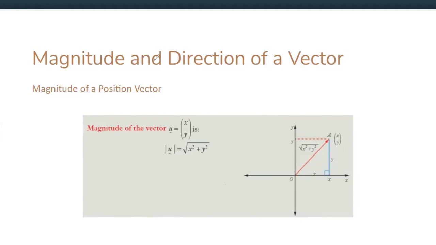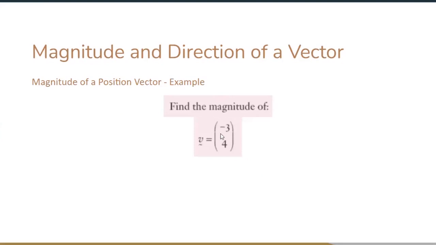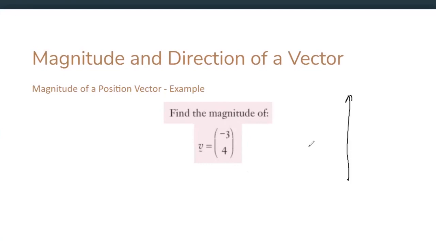So now looking at an example of that, we have to find the magnitude of (-3, 4). And this is a really common example because this is actually a really nice value. So before I go into the magnitude, just looking at what this example is, we have -3 in the x direction, so we have our x and our y directions, and we go up 4.